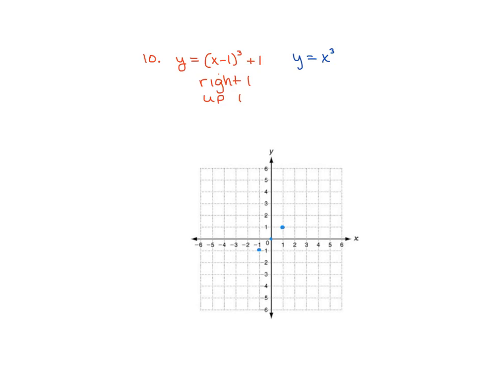So each of the new points: right 1, up 1, right 1, up 1, right 1, up 1. And again, we'll connect our points. And again, we do not want a straight line. We want a curve to this. So our new graph will look something like that.